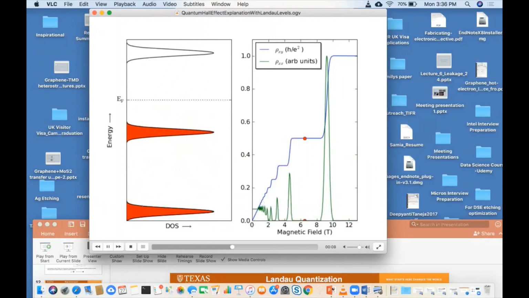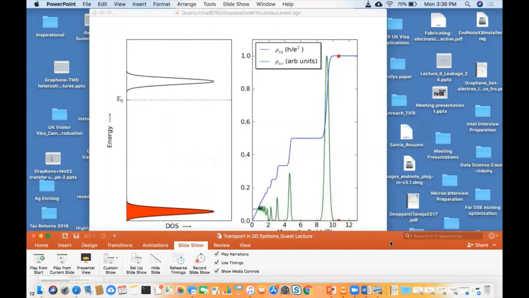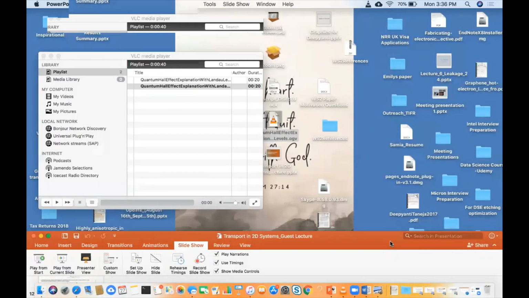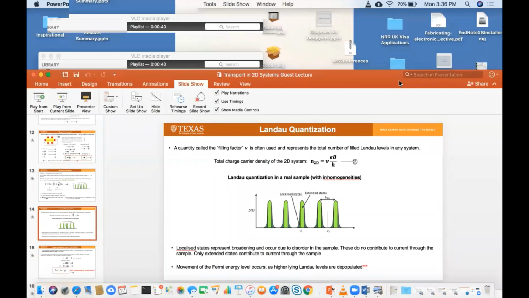Is this becoming clearer with the movie? Yes. So essentially, your Landau level can fill more charge carriers. Yes, they are below that.